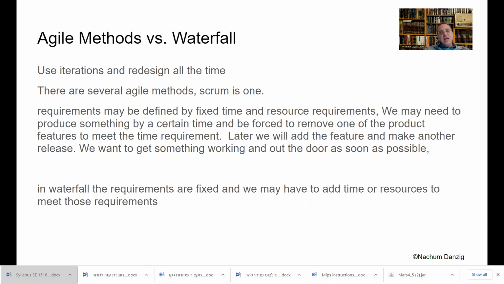Each person says, "I'll do this feature." You work as a team doing different parts, different features, and you reassess the design continually. Scrum is really part of the agile method.